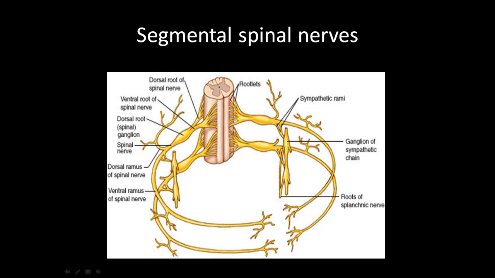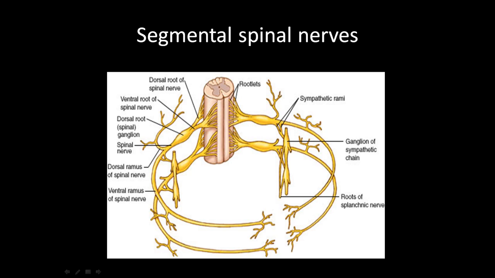Having a look at the anatomy of segmental spinal nerves, we can see that the anterior and the posterior root, the dorsal one being sensory and the ventral one being motor, combine to form the dorsal nerve root ganglion, which then divides into anterior and posterior rami, or the dorsal and the ventral rami, whichever way you want to look at it.